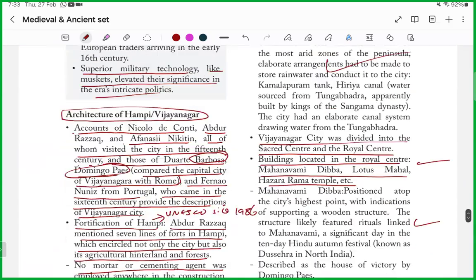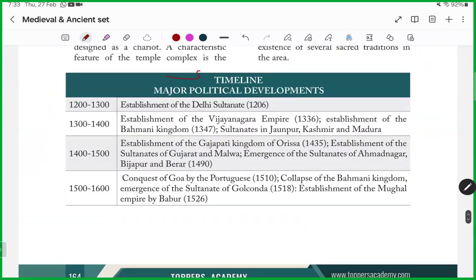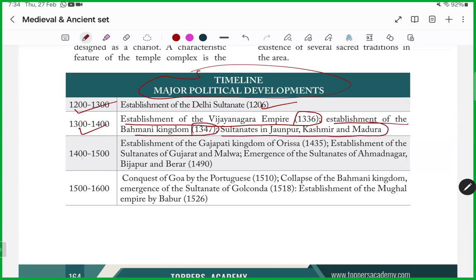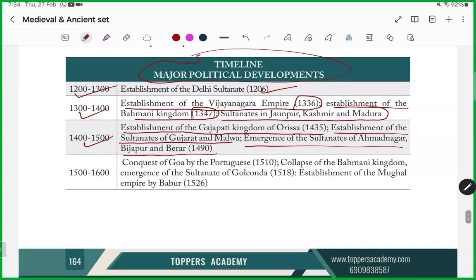Now we shall discuss a little timeline about the transition period from the Vijayanagar Empire to the Delhi Sultanate period. The establishment of Delhi Sultanate, 1206; 1300 to 1400, establishment of Vijayanagar Empire 1336, establishment of the Bahmani Kingdom 1347, then the Sultanates in Jaunpur, Kashmir, and Madurai. 1400 to 1500, establishment of the Gajapati Kingdom of Orissa 1435, establishment of the Sultanates of Gujarat and Malwa, emergence of the Sultanates of Ahmednagar, Bijapur, and Berar in 1495.